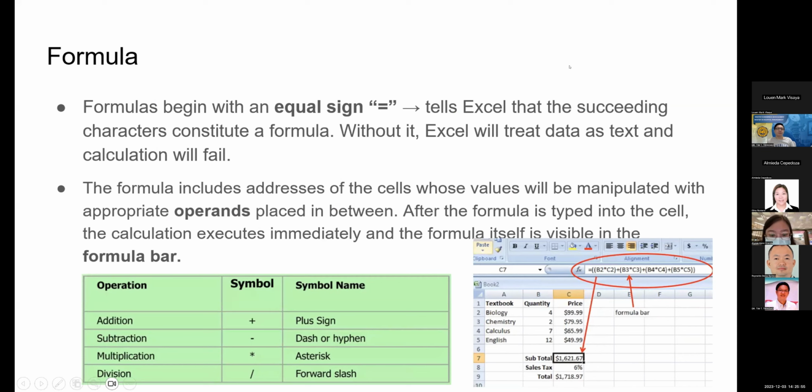Here we see the following 4 operations: addition, subtraction, multiplication, division, with the following symbols. After the formula is typed into the cell, the calculation is executed immediately, and the formula itself is visible in the formula bar with the result of the calculation found already in the cell. Next slide, please.